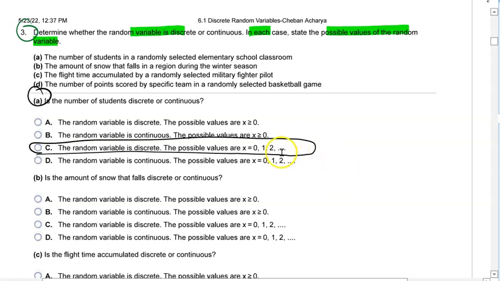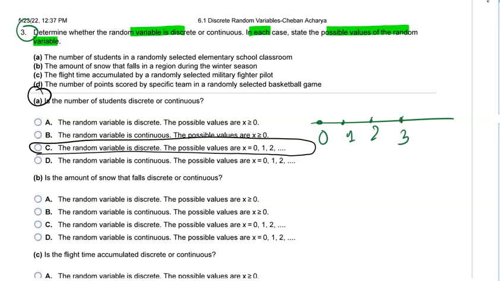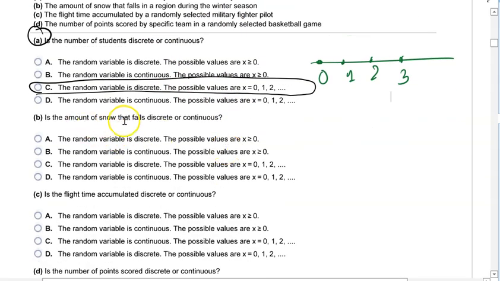Remember that this doesn't have a finite value, and this is called countably infinite because we don't know where the value ends. That is still discrete because if you plot on the line, it's going to be 0, 1, 2, 3, and so on. Okay, that's the discrete. Part B, is the amount of snow that falls discrete or continuous? Amount of snow.